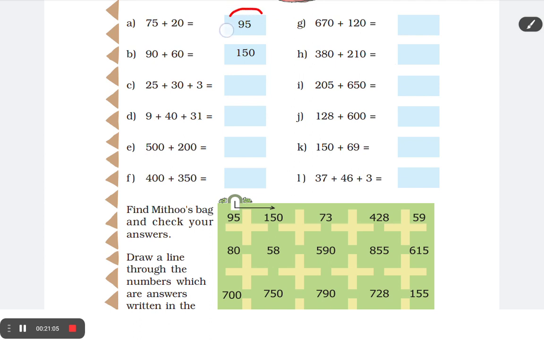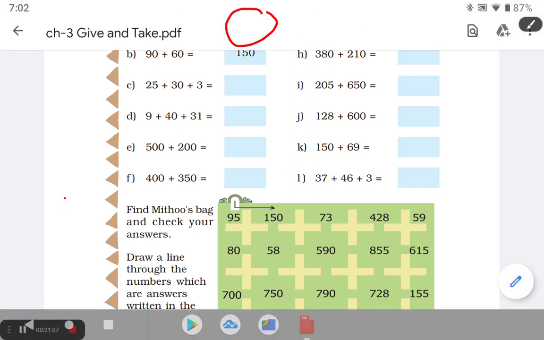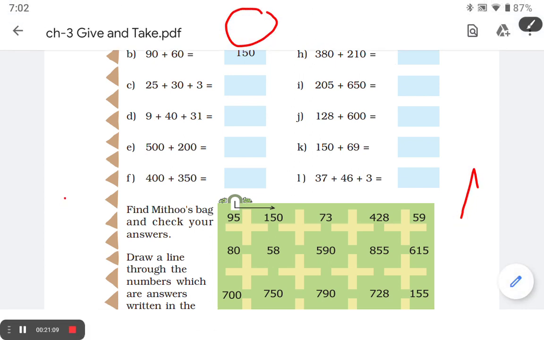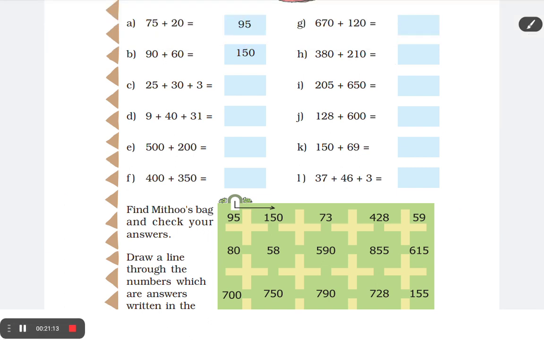First answer is 95. Right? So you should start drawing a line from 95. And then the next answer is 150. And what is the next answer? 55, 58.